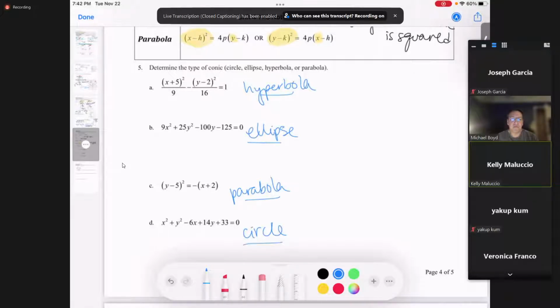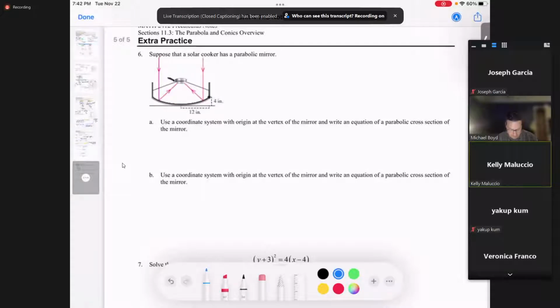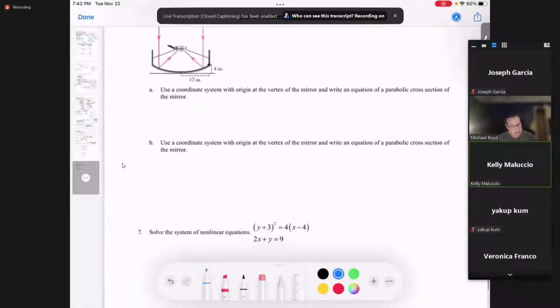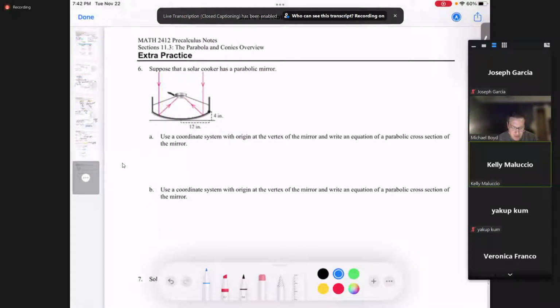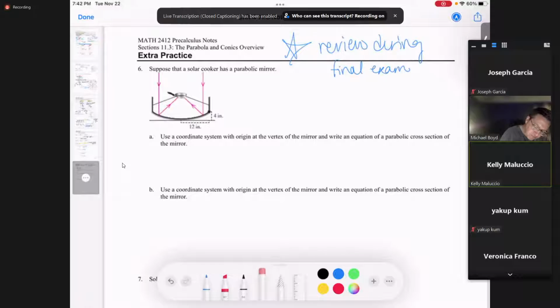And then this last page, it is extra practice. So I will not go through it and I won't post the answers just yet unless people are asking about it, but I will most likely, so I'll table this. Complete during final exam review.